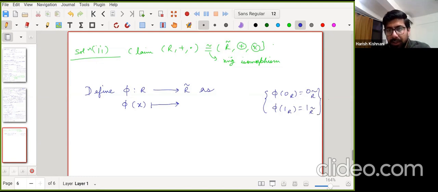So what is 0 of R tilde? That is minus 1 of R, and this is 0 of R tilde, 0 of R. So from these two things, can you guess how we should define it?